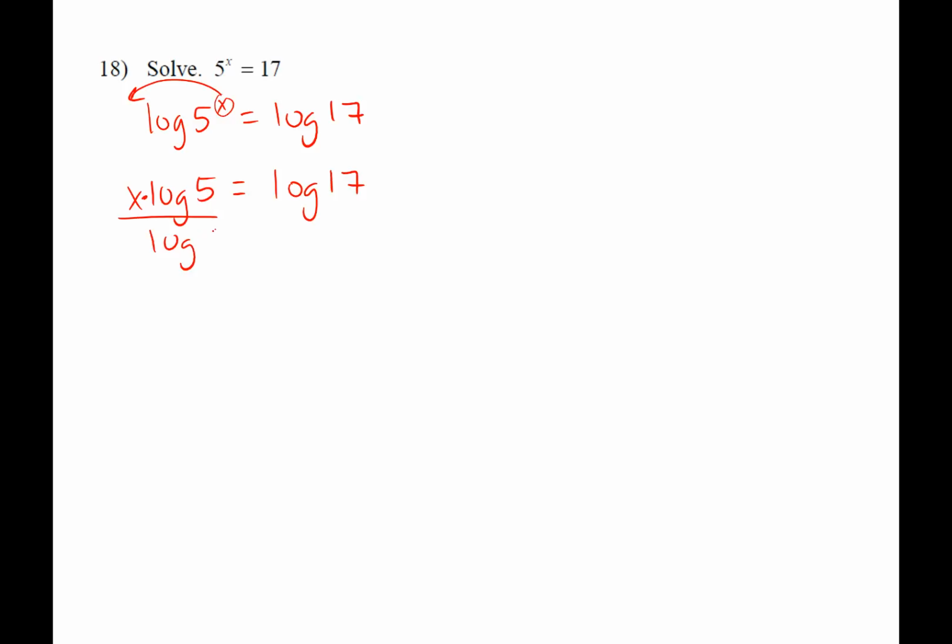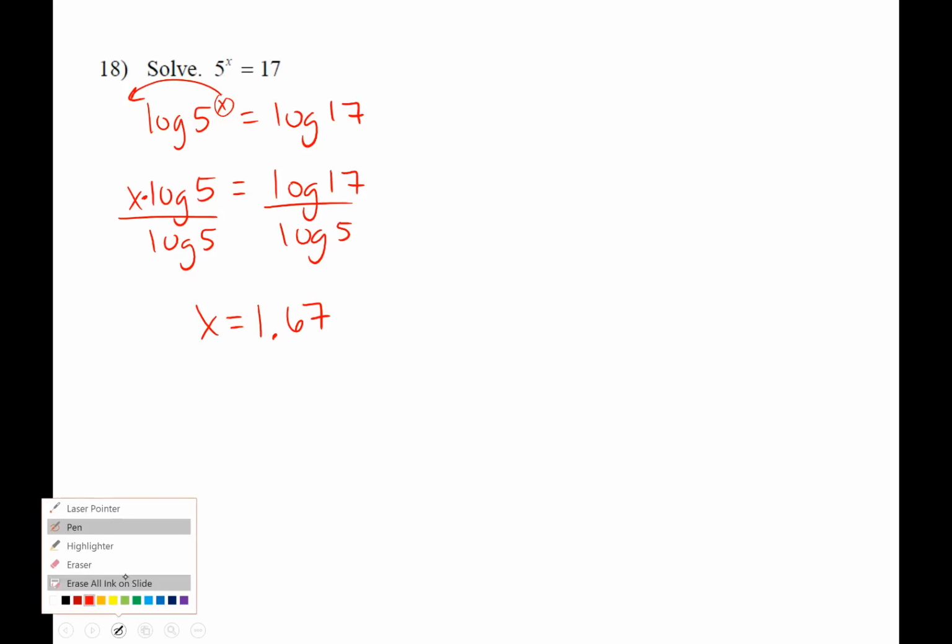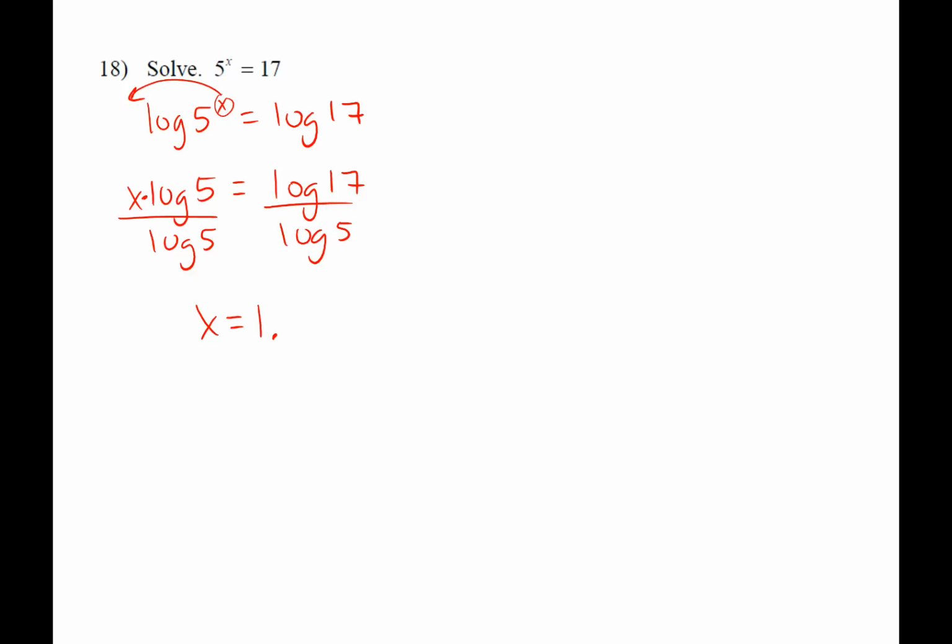So I would divide by log 5 on both sides. And then I would put that into my calculator. I don't remember the answer here. I'm going to erase that because I'm not 100% sure and I don't have a calculator with me. It's 1 point something. But that's how you would get your answers, to put that in your calculator.